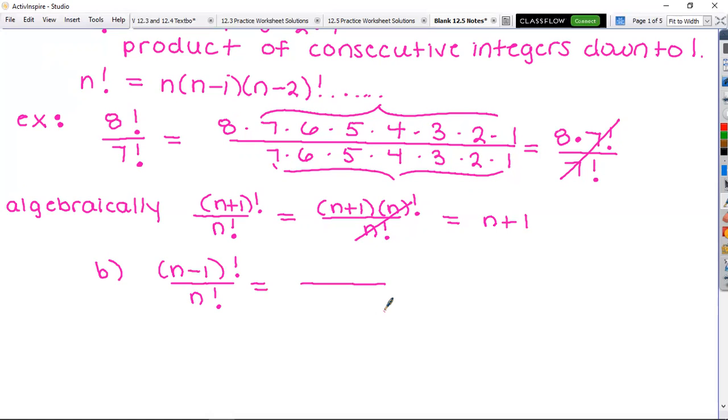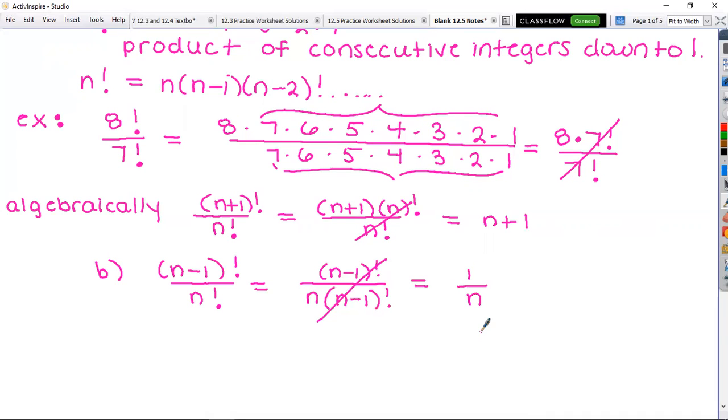So the bottom would be n, and this is n minus 1 factorial still. I'm going to leave that alone for a second, and I would break this one and go below it again. So minus 1, n minus 1 factorial. And then what does that allow me to do? Cancel again. So this would be equal to 1 over n.